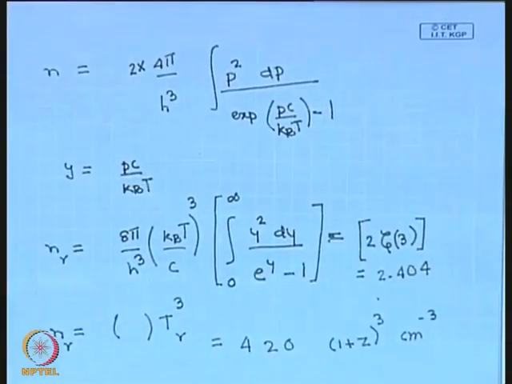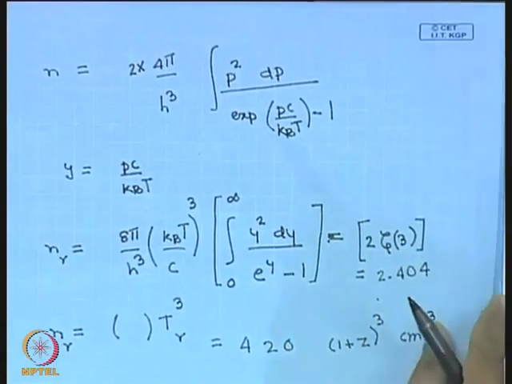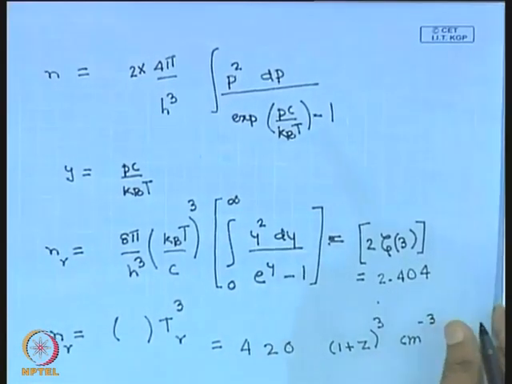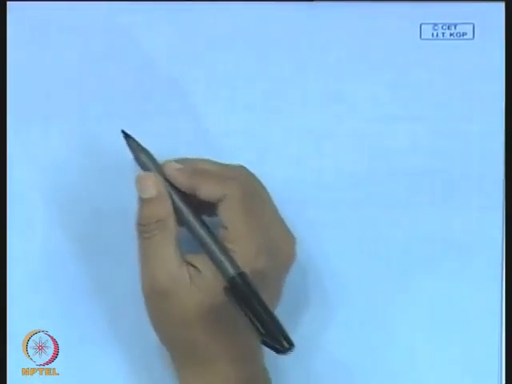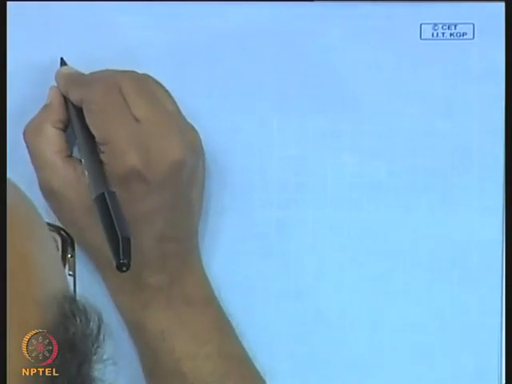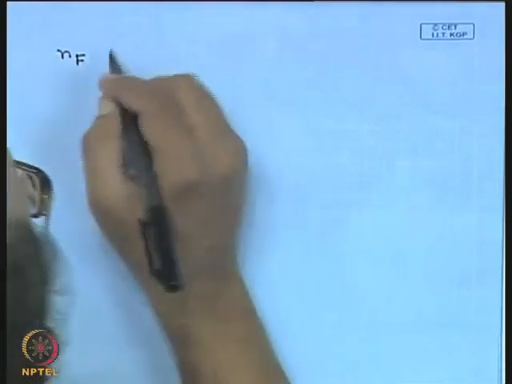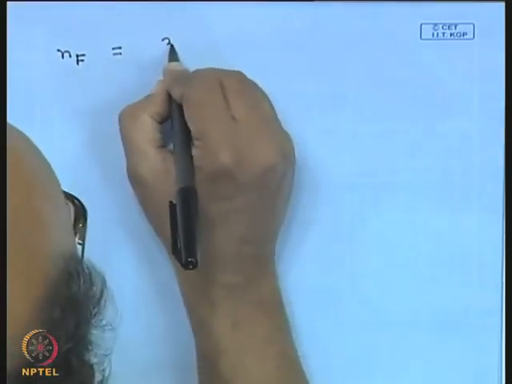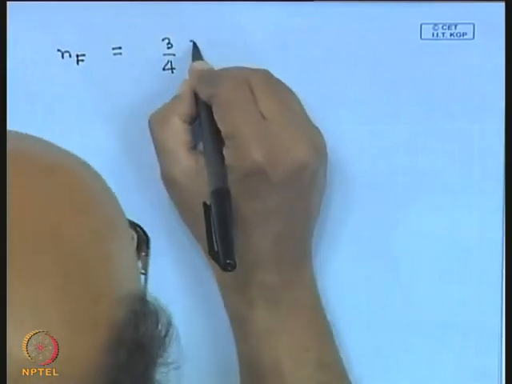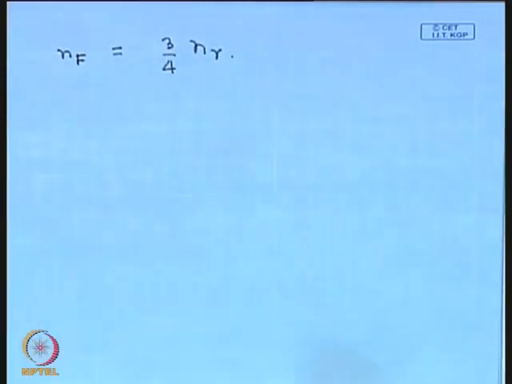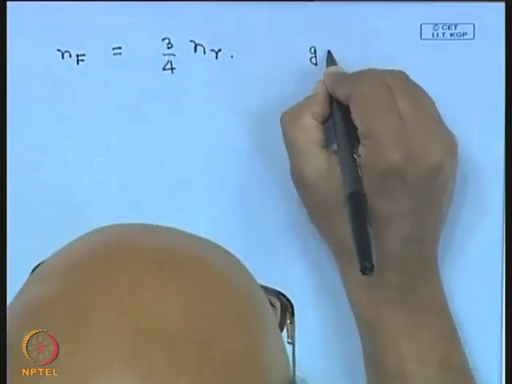If you had particles which were fermions instead of being bosons, so let me write the same thing for fermions. So for fermions, if you have fermions with two polarizations, okay, then the number density of particles would be 3/4 the number density of particles for photons. Okay, assuming that there are two polarizations, g equal to 2.